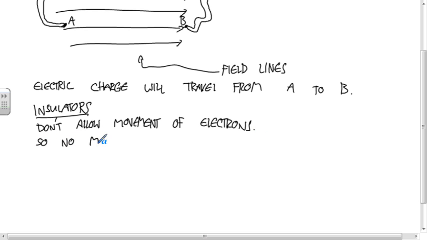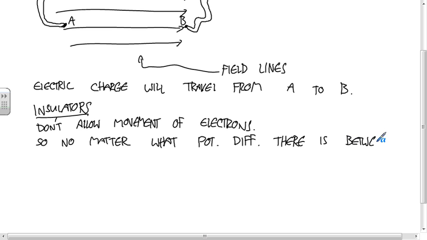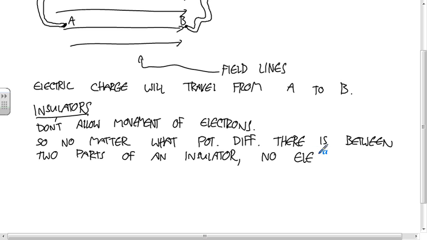So no matter what potential difference there is between two ends of an insulator, or between two parts of an insulator, no electric current will flow.